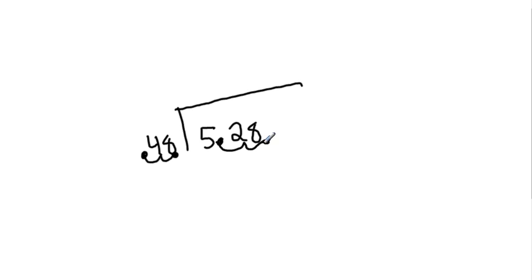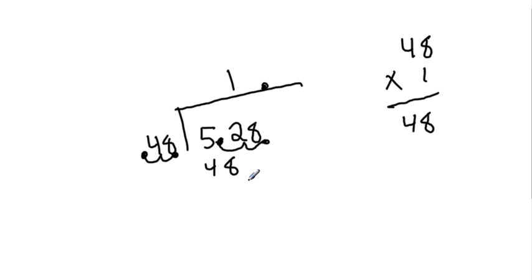So this floats up right here. Now I have to say 48 times what will get me close to 52. I know it's going to be 48 times 1. That's going to get me 48. So I put it right here, and now I subtract.